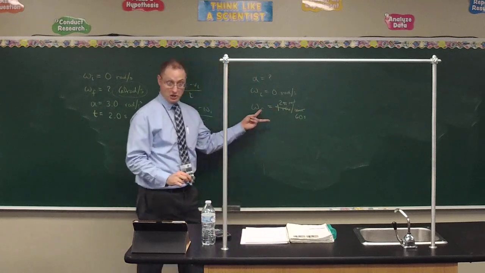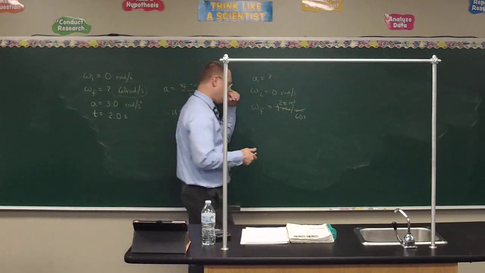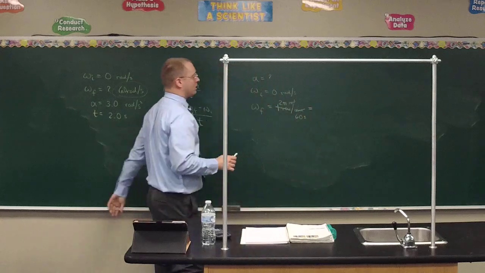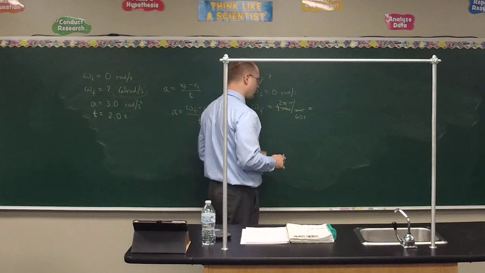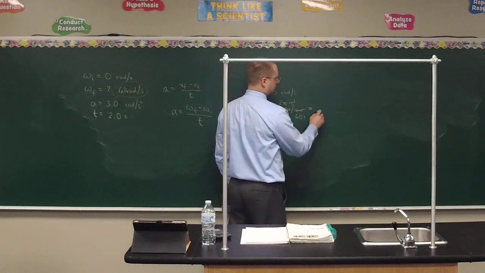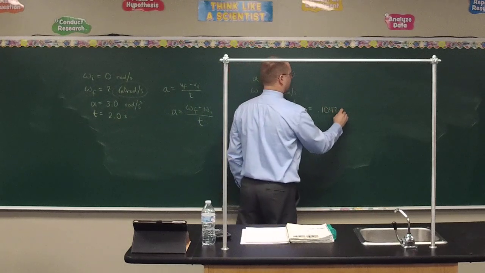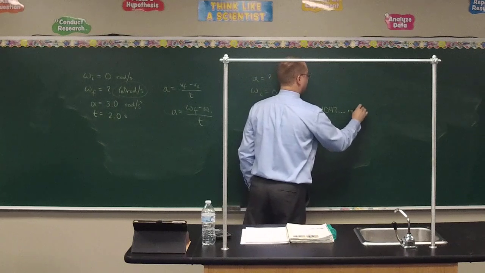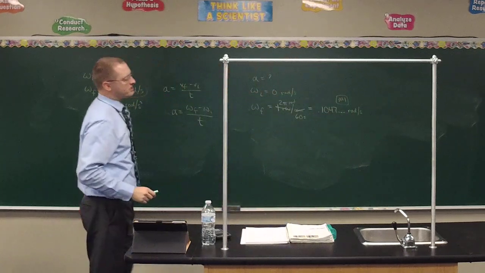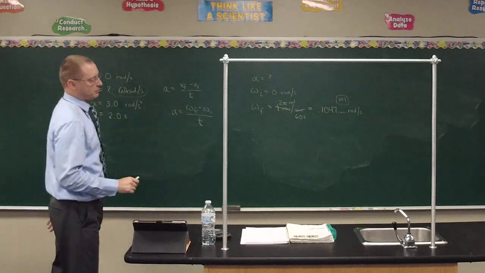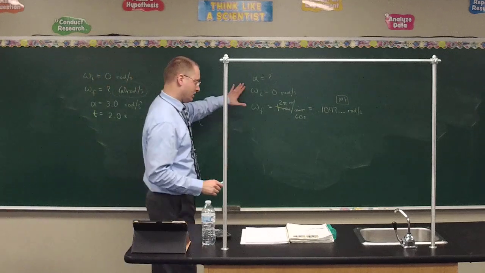This is poor man's dimensional analysis, and it works faster. What does 2 pi over 60 come to as a decimal? 0.1047. Go ahead and put this in the memory of your calculator. So it's going to get up to 0.1047 and so on radians per second, but it's starting at 0.